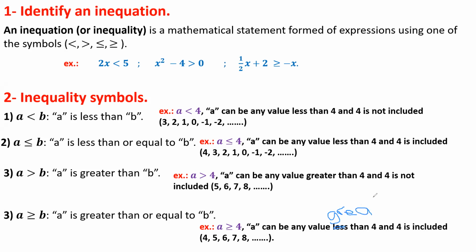Why is 4 included? Since we have or equal. So 4 can be one of my values: 4, 5, 6, 7, 8, 9, etc., until you finish. Let me erase it.